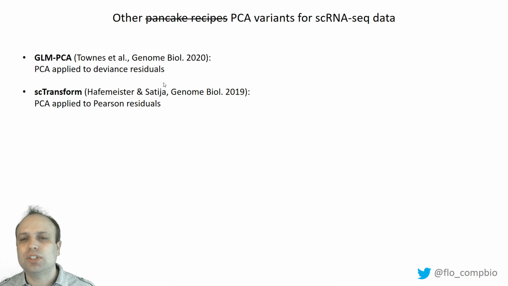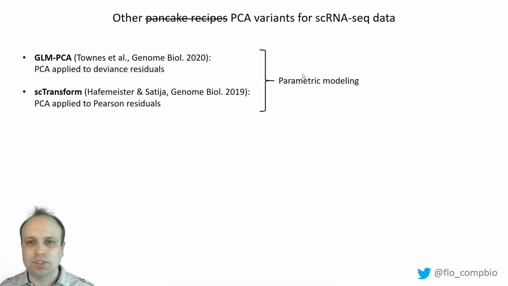Those are interesting ways of doing PCA for single-cell RNA-seq data. They have in common that they use parametric models, so it's a very different approach from what I described, because in what I described there's no modeling at all, whether parametric or non-parametric. You just do the transformation and the scaling, and that's it essentially.